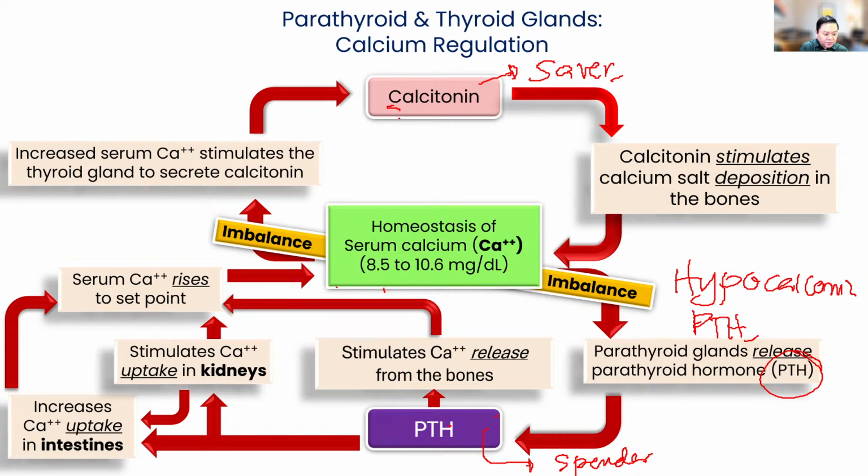So take note about the regulation. This is the normal compensatory mechanism if in case there will be hyperparathyroidism or hypercalcemia, or there is hypocalcemia. Remember that the parathyroid gland is much involved in the regulation of the calcium in the body.